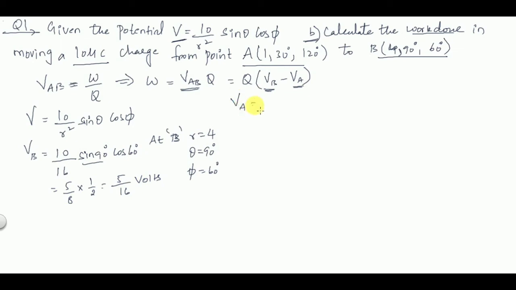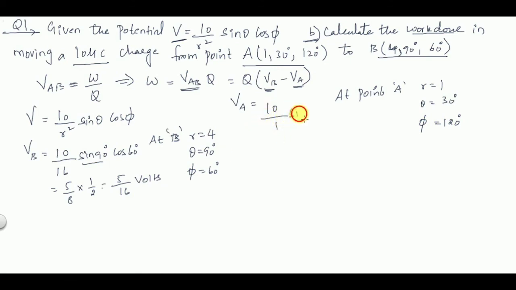Similarly VA, right? So VA is V at point A. So at point A, R is equal to 1, theta is equal to 30 degrees and phi is equal to 120 degrees. So VA is equal to 10 by R square, which is 1.